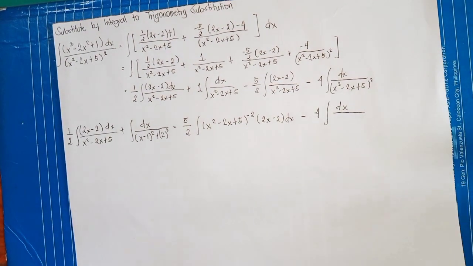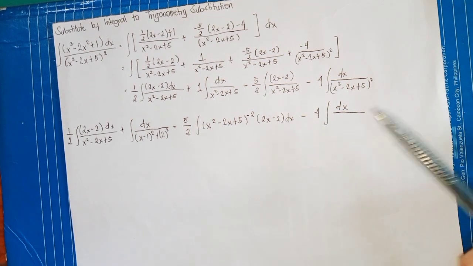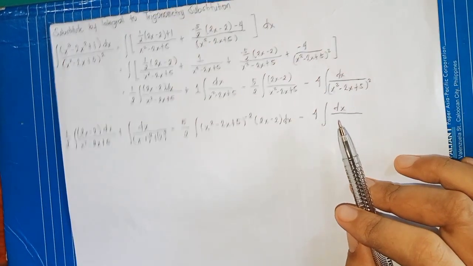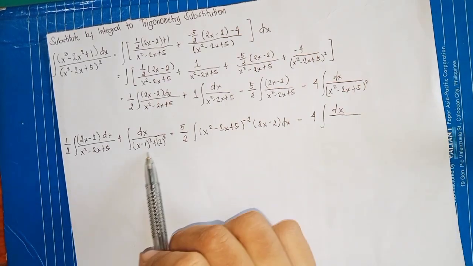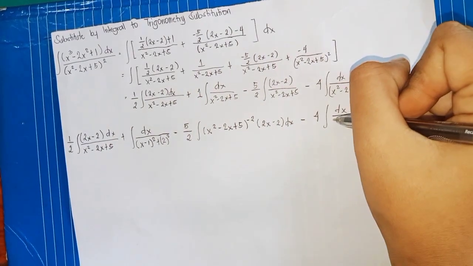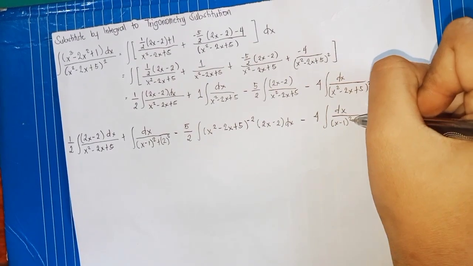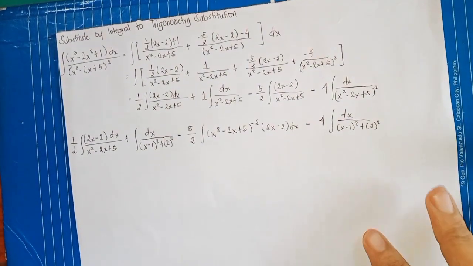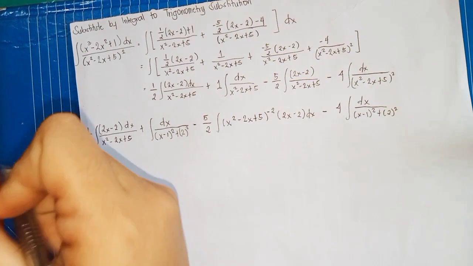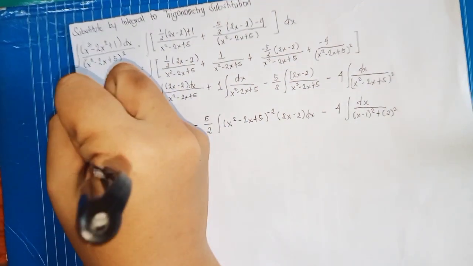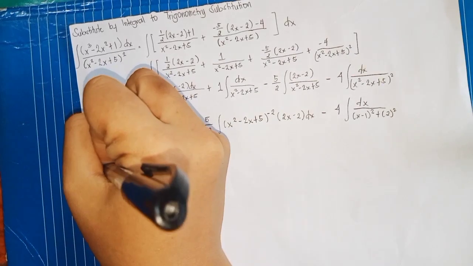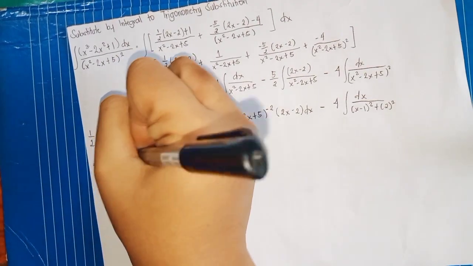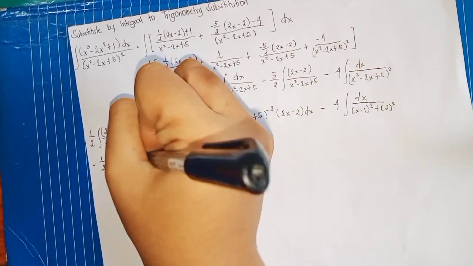To apply the trigonometric substitution later in this term, we can also copy the denominator of this second term. So let's copy it: x minus 1 squared plus 2 squared. Okay, so 1/2 ln of x squared minus 2x plus 5, plus.